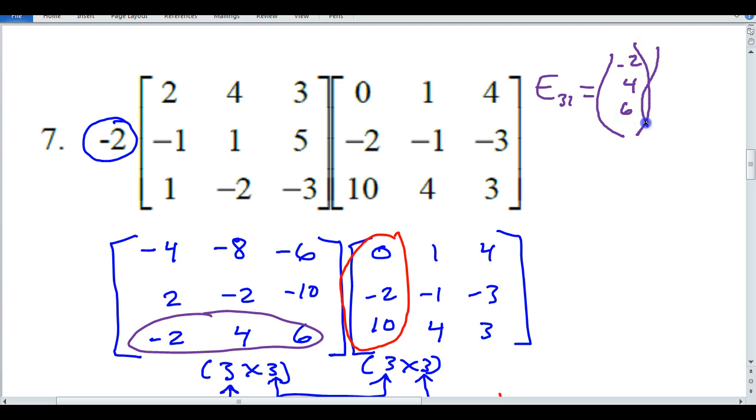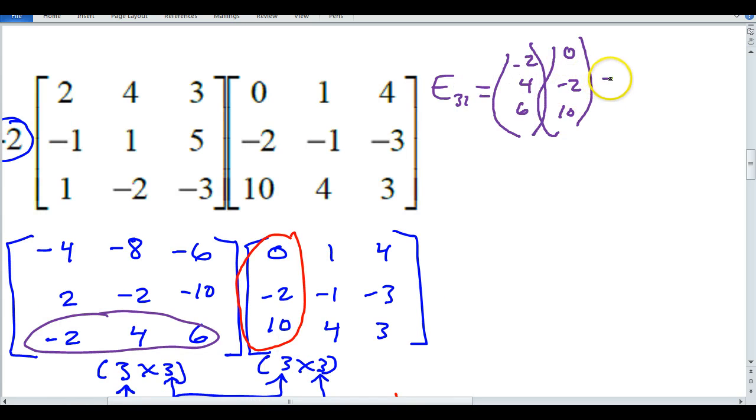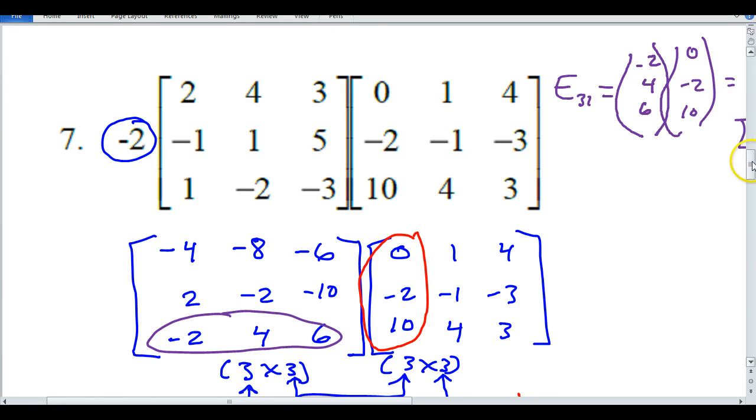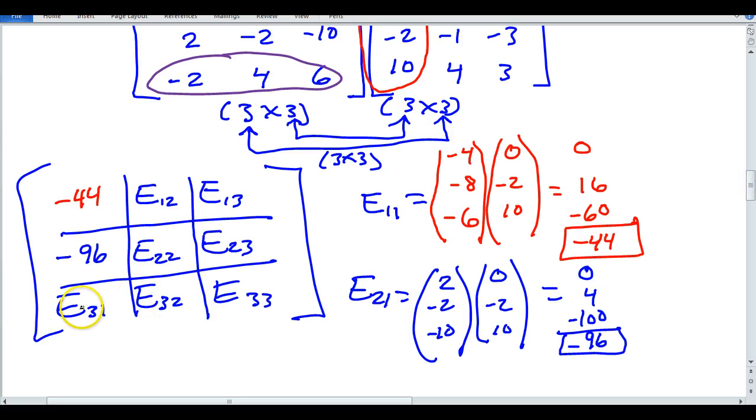And then column 1 is 0, negative 2, 10. So that is going to give me 0, negative 8, and 60. So that is going to give me 52. Okay, so 52 is my next element, element 3,1. So I'll put that right here, 52.